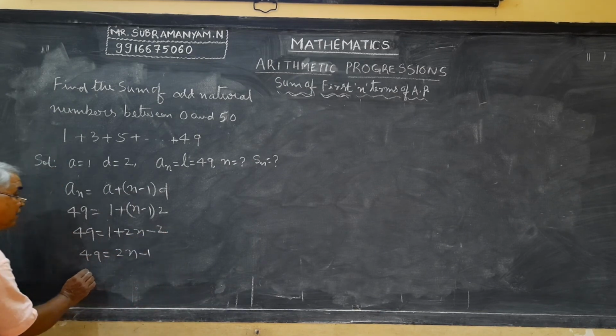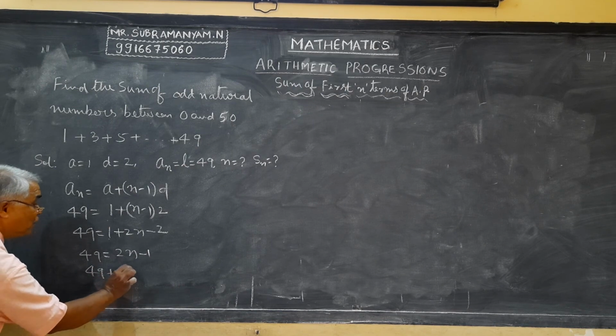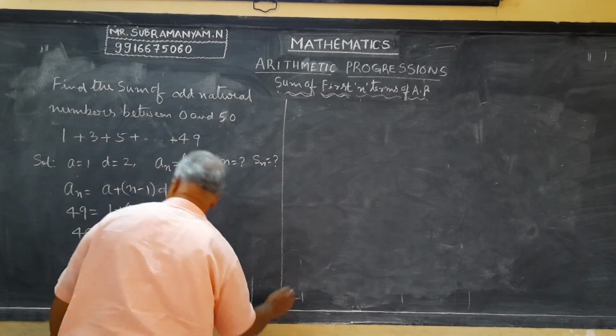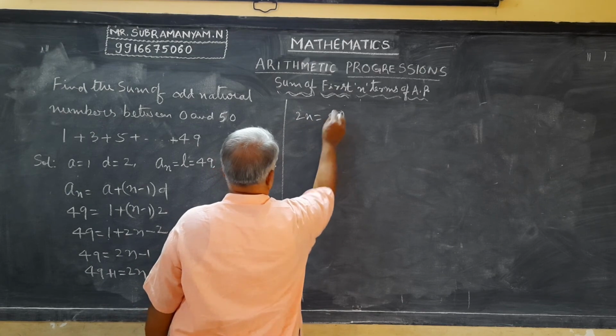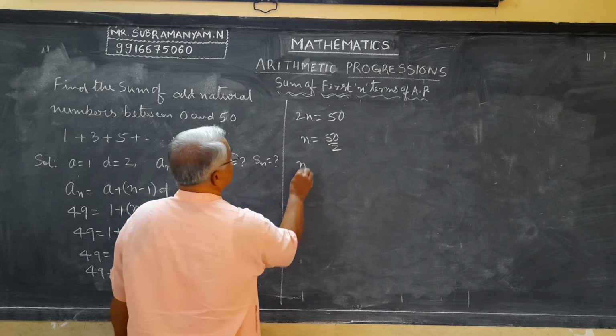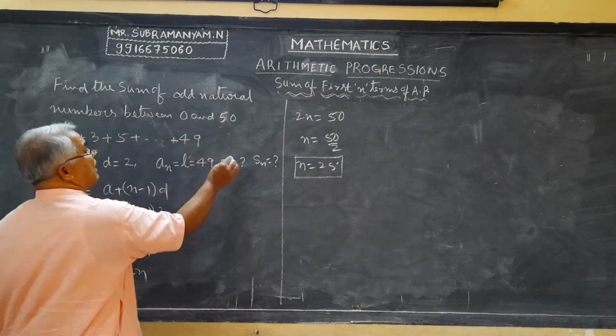Therefore, 49 plus 1 equal to 2n. 2n equal to 50. n equal to 50 by 2. n equal to 25. So we have got the value n.